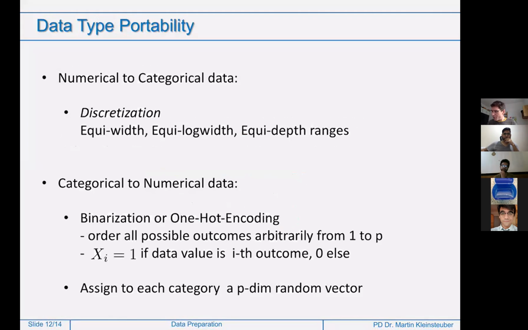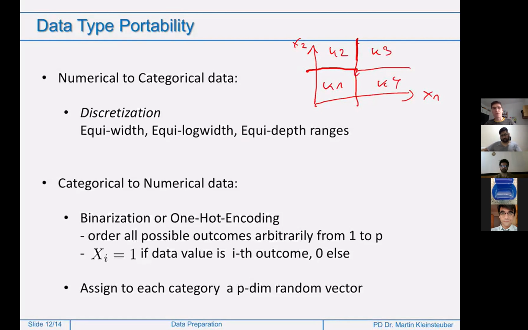So if you have, I'm drawing it just in 2 dimensions, just to tell you how trivial that is. So you have, in this case, a 2-dimensional numerical random variable, and what you do is you somehow cut your space, I don't know, into 4, and then you have category 1, category 2, category 3, and category 4, right?